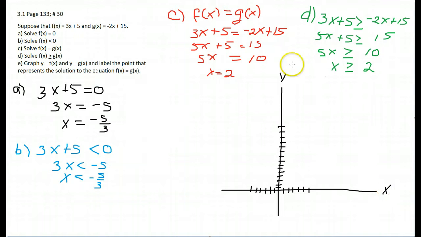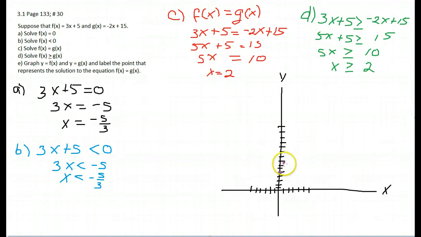I am going to graph f of x in purple. So f of x is 3x plus 5. So we go to our y-intercept of 5. 1, 2, 3, 4, 5. Put a dot on the y-axis. Now our slope is positive 3. So that means I can count up 3 units, 1, 2, 3, and write 1.